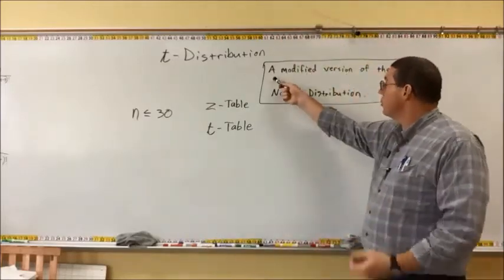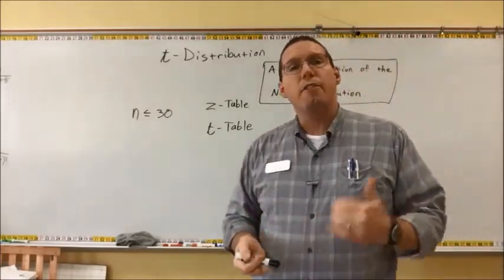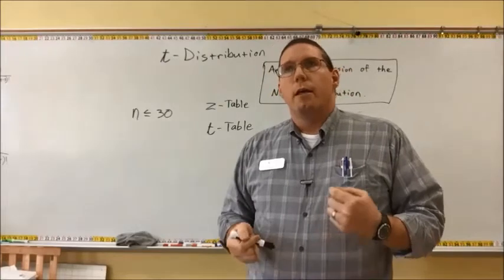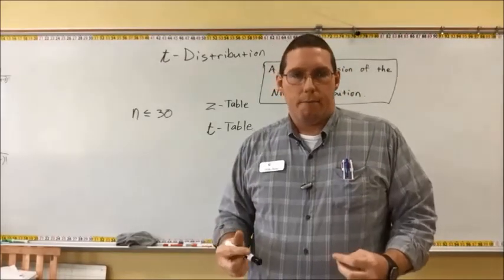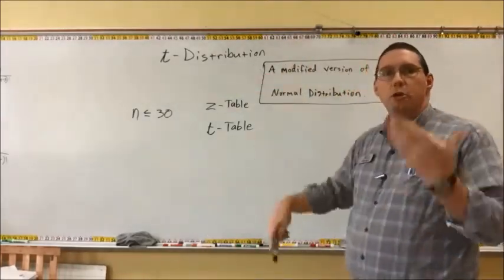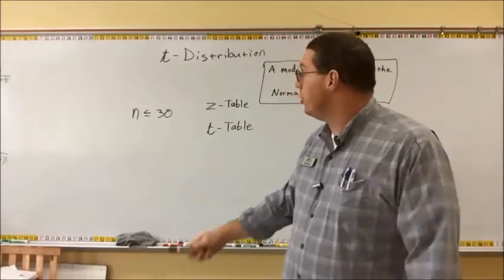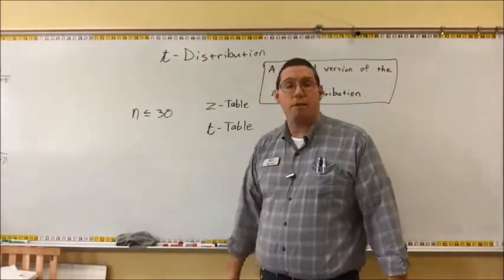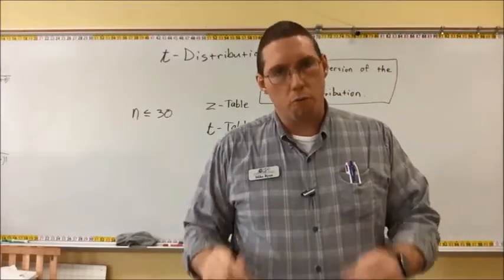But the t-distribution is more discriminating in the sense that it's more likely to tell you that the conclusion you're drawing is wrong. And this is good, because when you don't have a very large sample size, you want to be told that you're wrong if you're wrong.